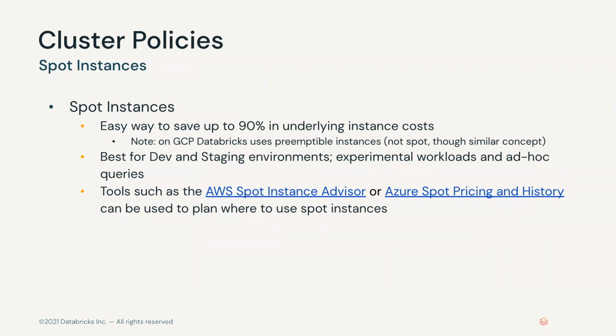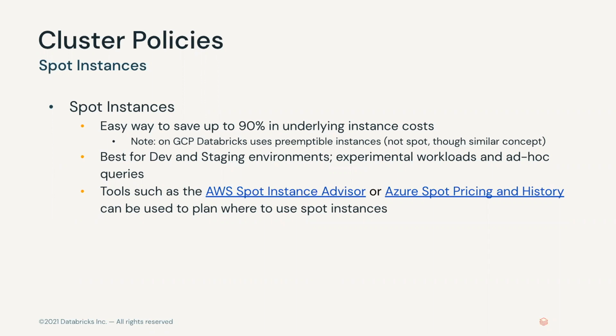So then another great feature of Databricks is the ability for us to use spot instances. Spot instances are really discount instances which are kind of idle, not currently being used, and that's where we can actually bid on different instances to use them for a lower cost than the typical on-demand cost of an instance.